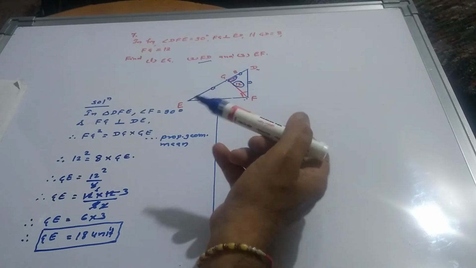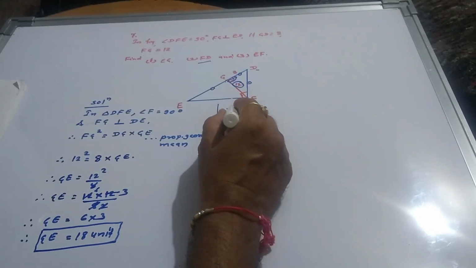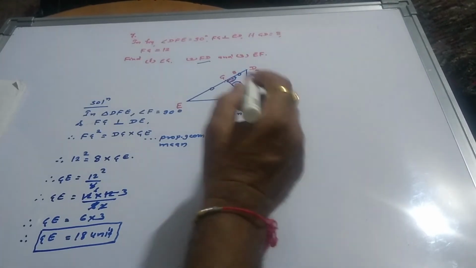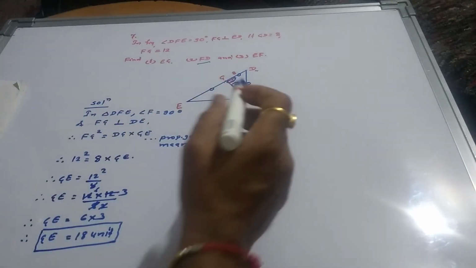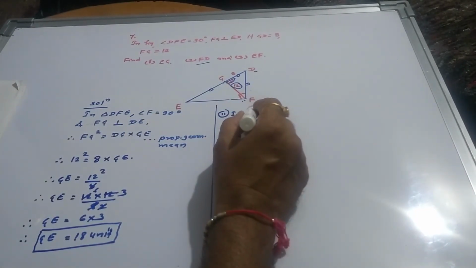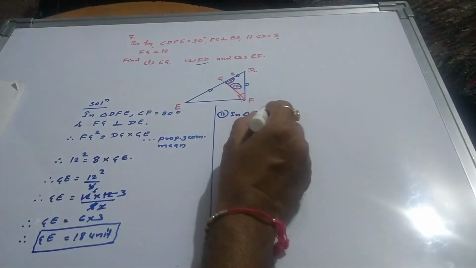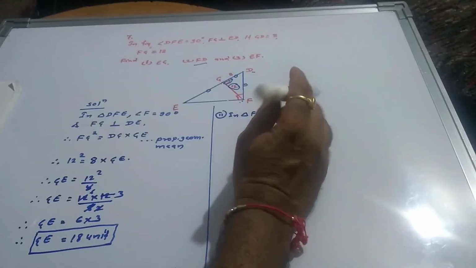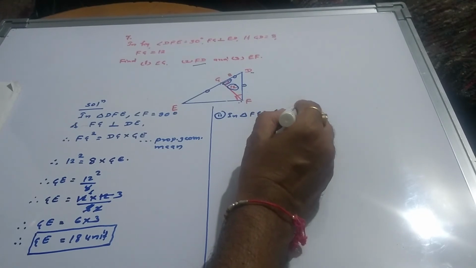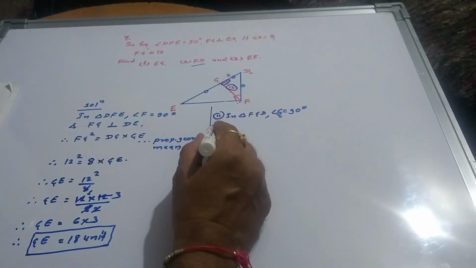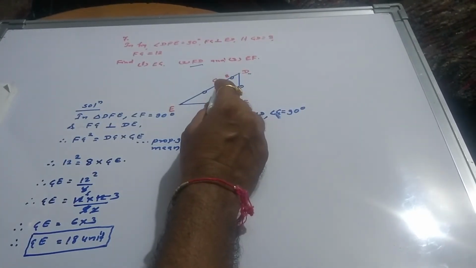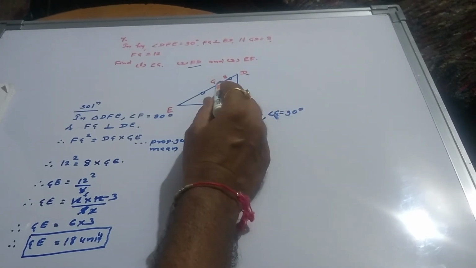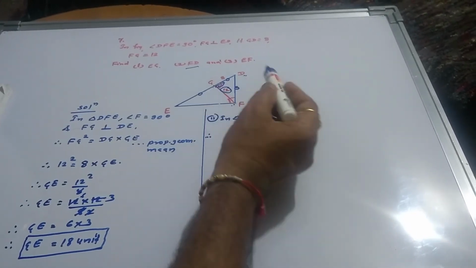So by using Pythagoras, in triangle FGD, angle G is equal to 90 degree. Therefore by using Pythagoras, hypotenuse will be DF.